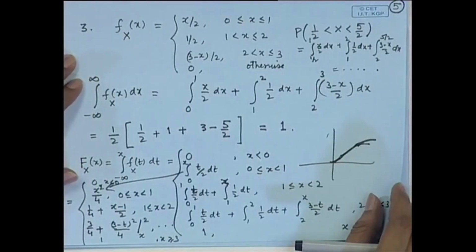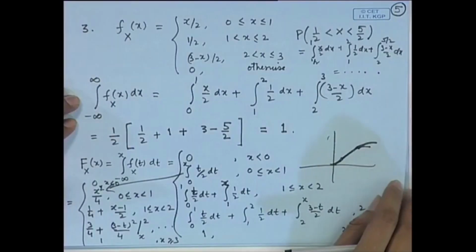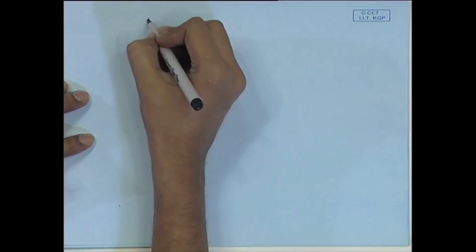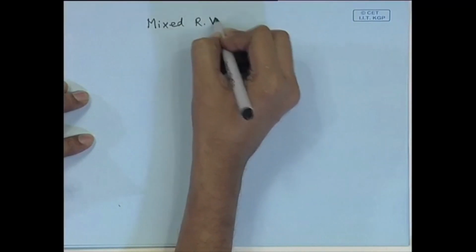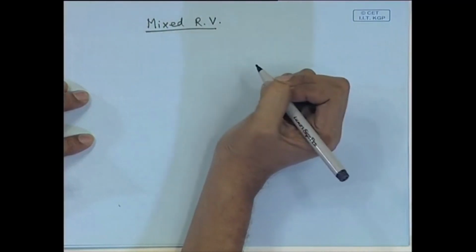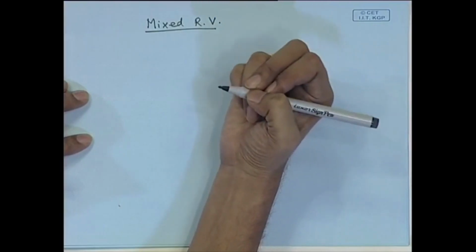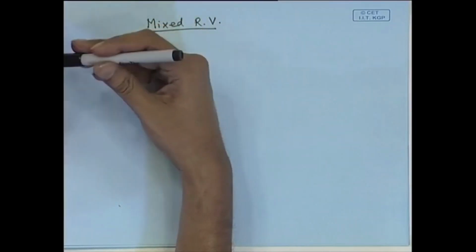There is also a possibility that a random variable may be partly discrete or partly continuous. These are known as mixed random variables. Let me consider some example. Consider for example, a person travelling to his office every day by car.